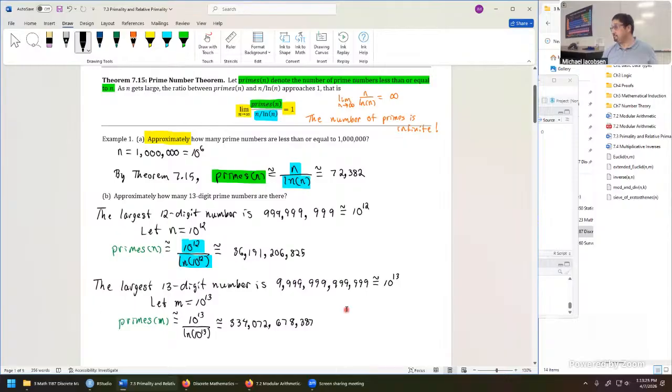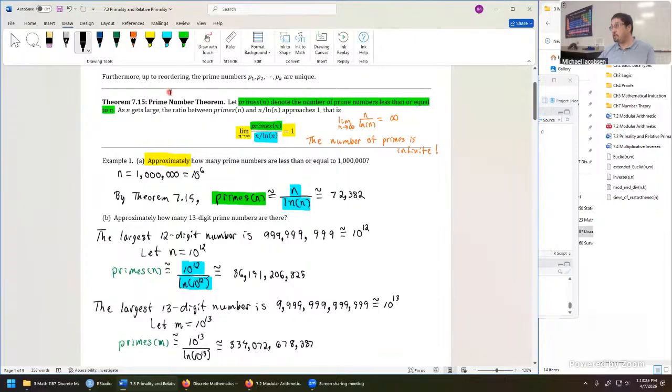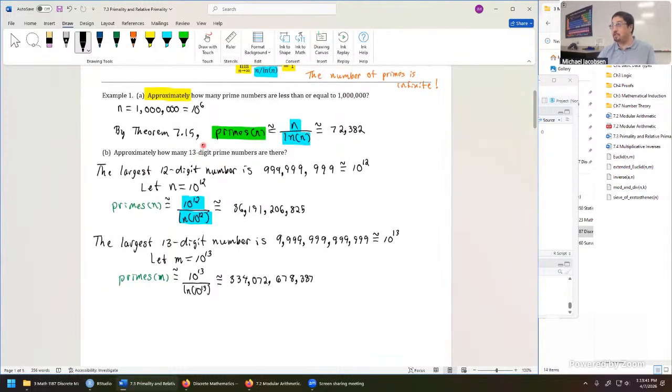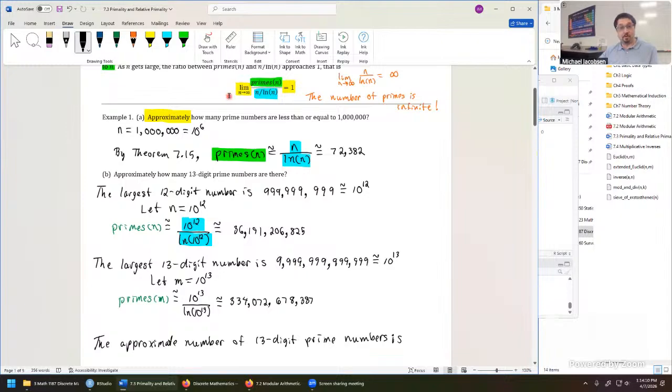Other questions at the moment? Okay, well, to put this all together, again, really just using and abusing the prime number theorem repeatedly on both part A and part B, we can now make an ultimate conclusion that says the approximate number of 13-digit prime numbers is, and again, we could have just jumped down to this line right here, but this is just breaking down the computation, thinking about the prime number theorem a little bit more on each level.